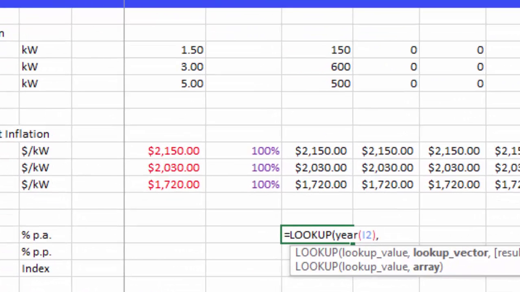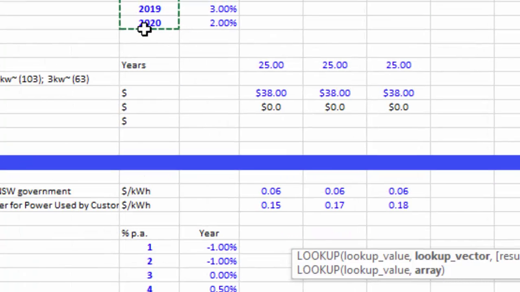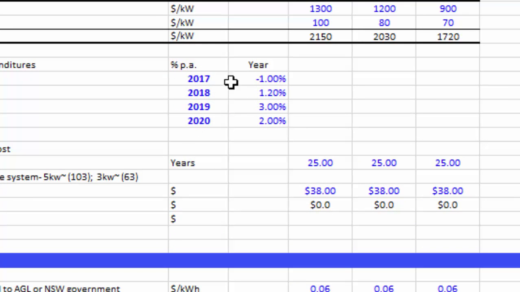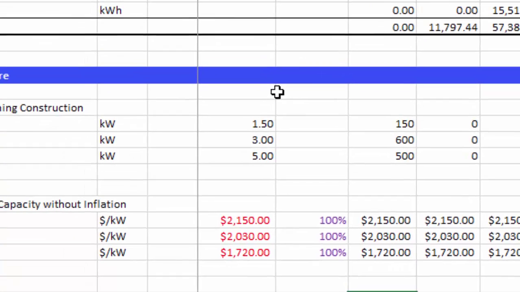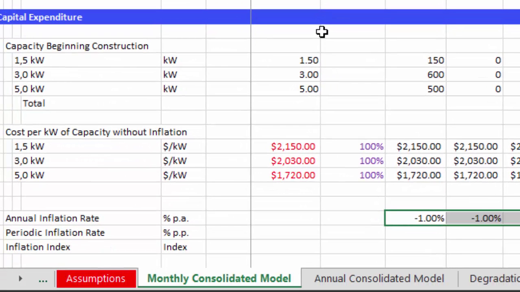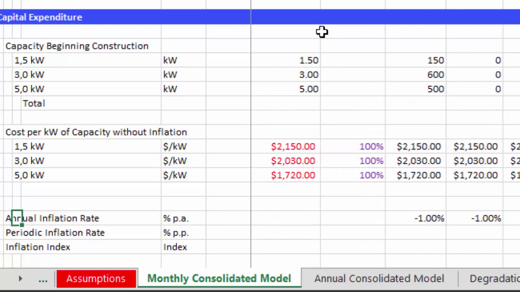And then this time, unfortunately, I'm going to have to press the F4 button. It's not that much of a disaster, really. Okay. And now we see the changes in the inflation rates.